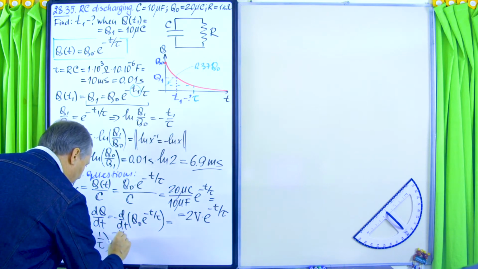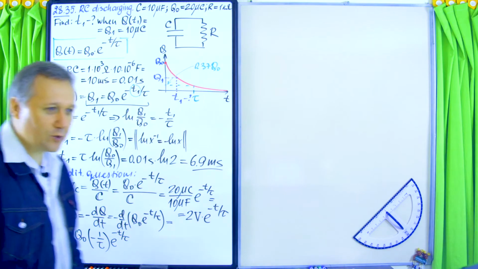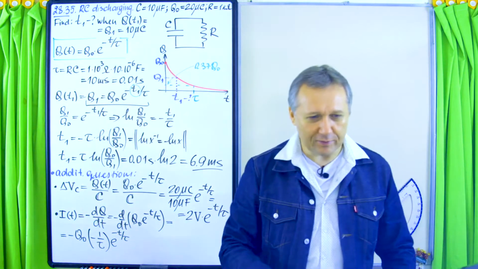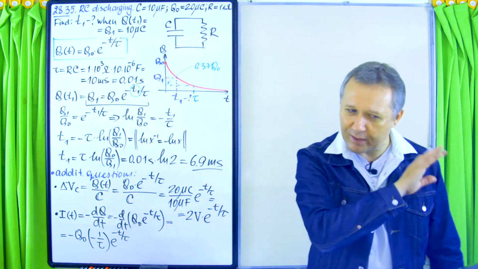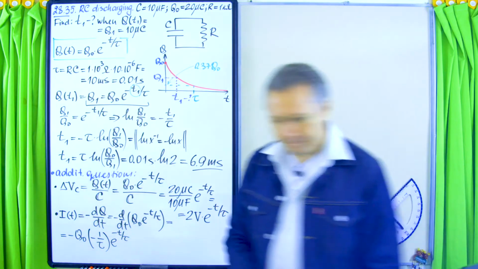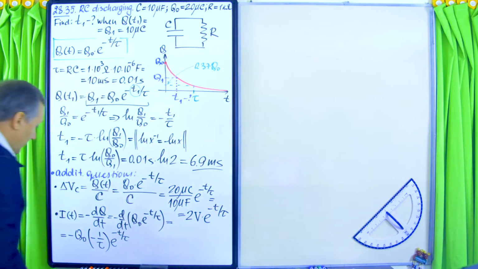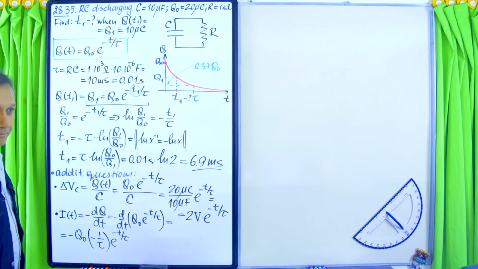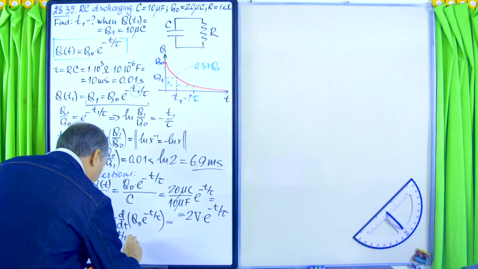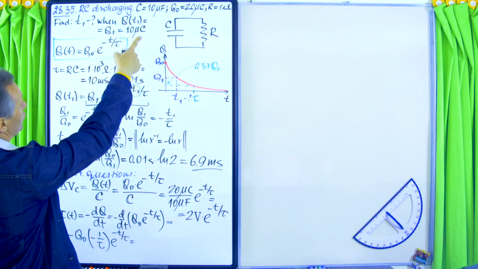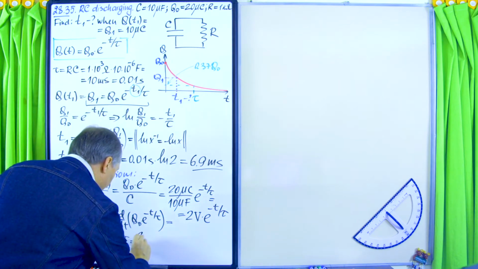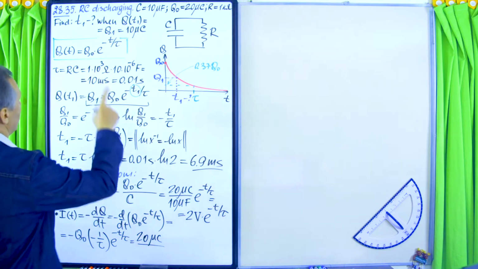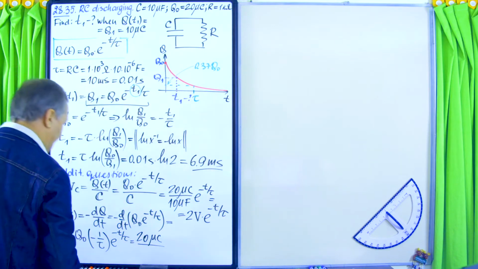That's the beauty of the exponential function: whether you differentiate or integrate, it survives at the end, giving only some additional factors in front. Amazing function. Anyway, minus and minus give plus, and then q naught and tau are given. Q naught is 20 microcoulombs, divided by tau, which is 10 milliseconds.